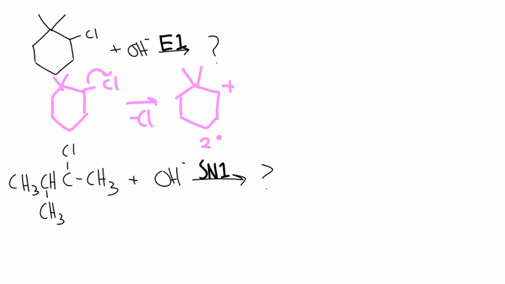So I'm going to move this methyl group over. Keep that methyl group here. This methyl group is now here. So this positive charge is now going to switch to this carbon.